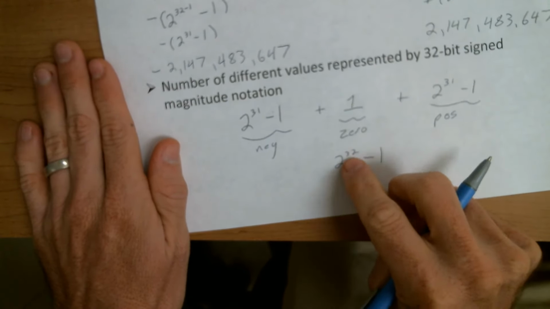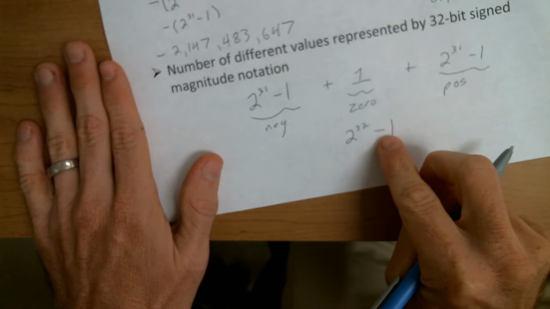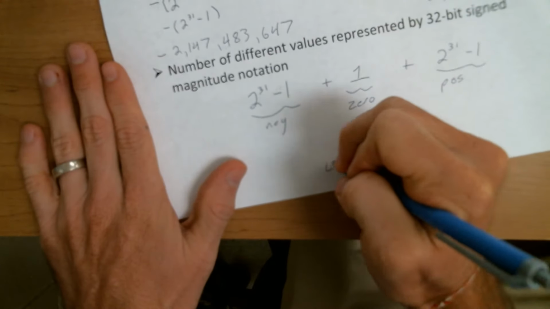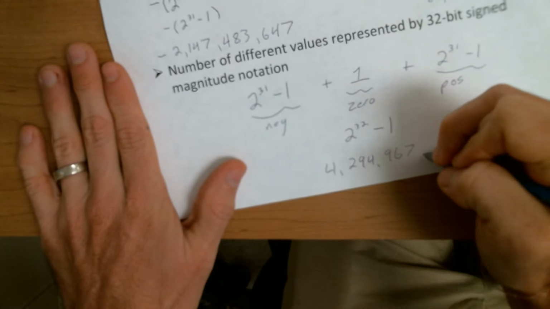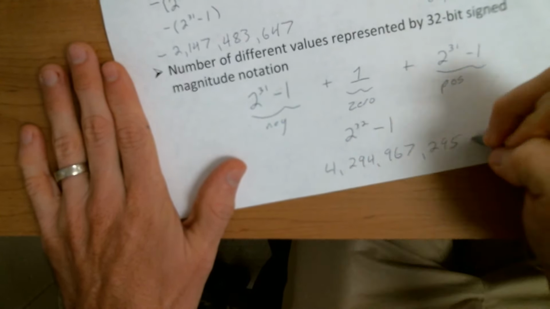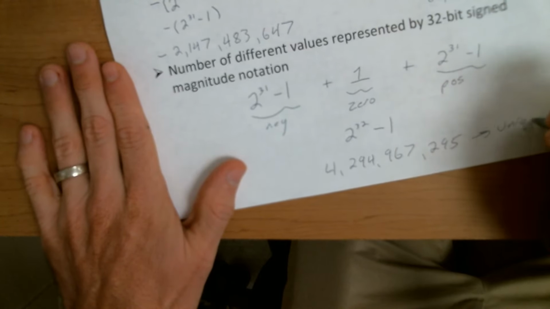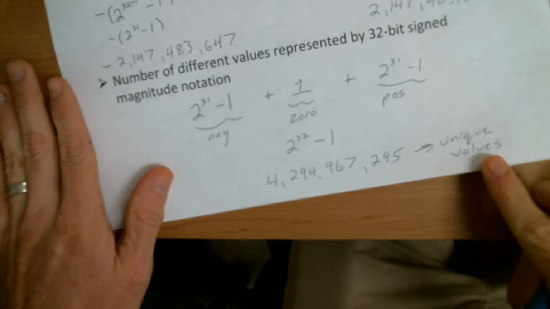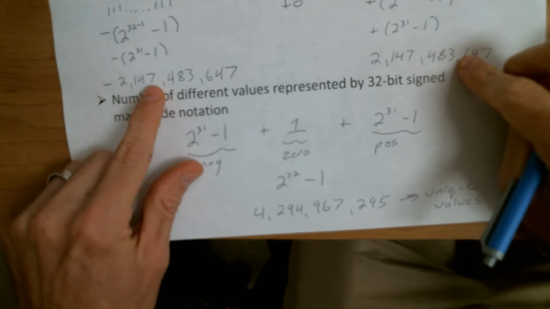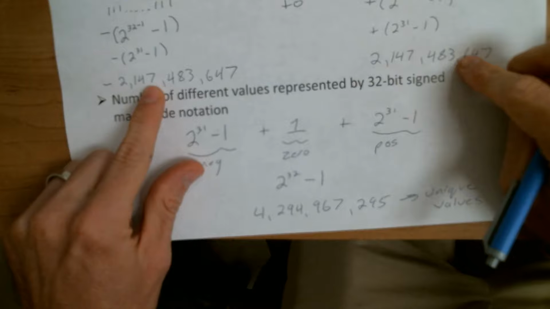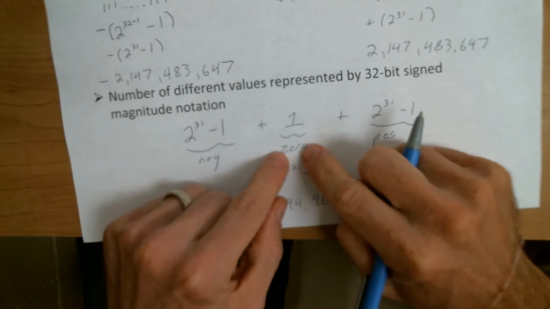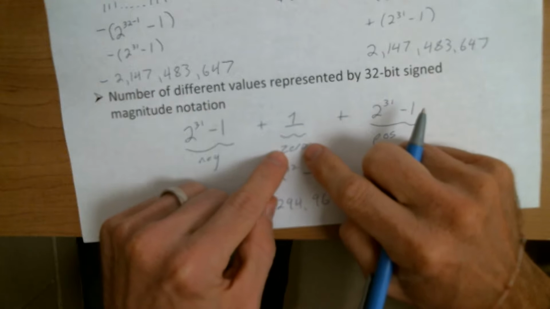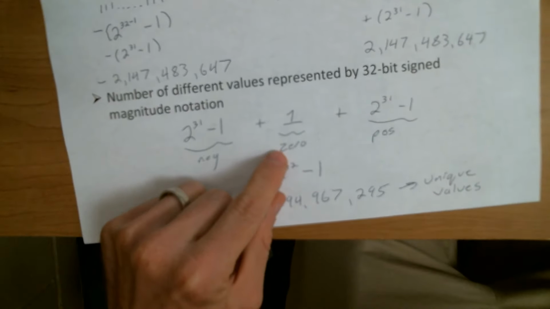Because again, we're using 32 bits, but we're subtracting away the double 0, which means we have 4,294,967,295 unique values. The largest of which is this, the smallest of which is this. And again, we're shorted one value because we end up having two representations for 0, but it's only a single value. We don't count it as two separate values.